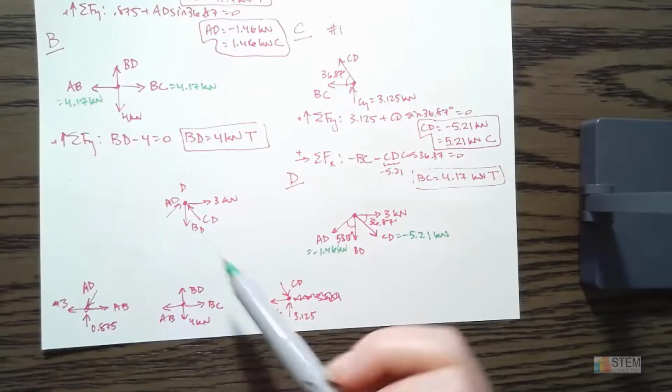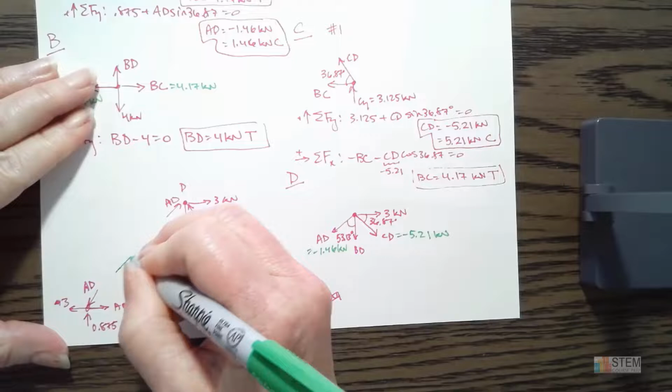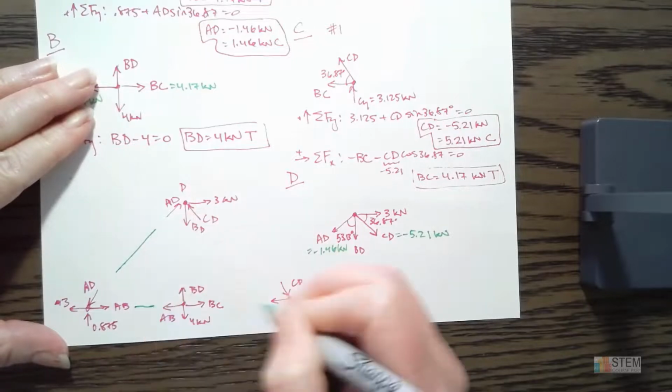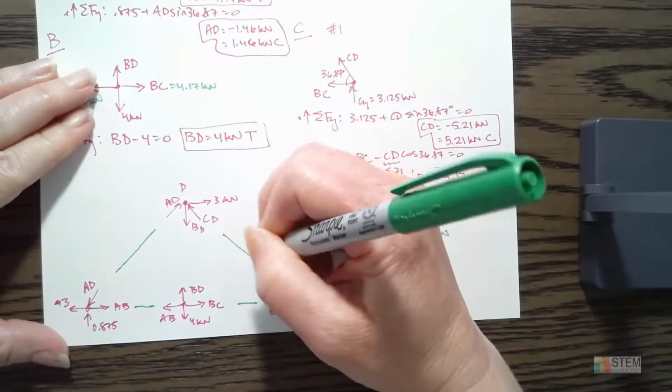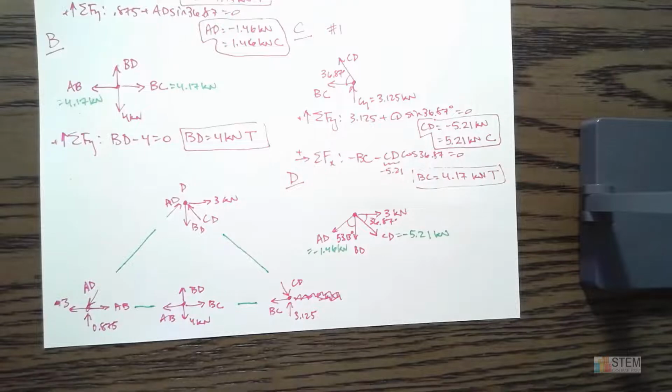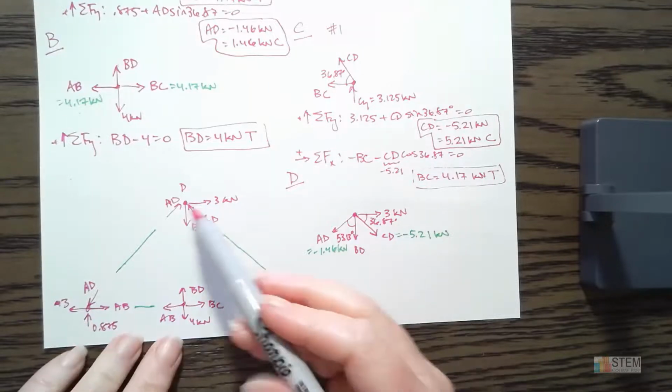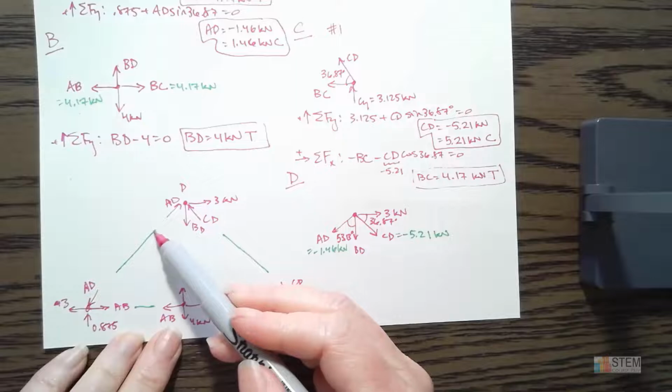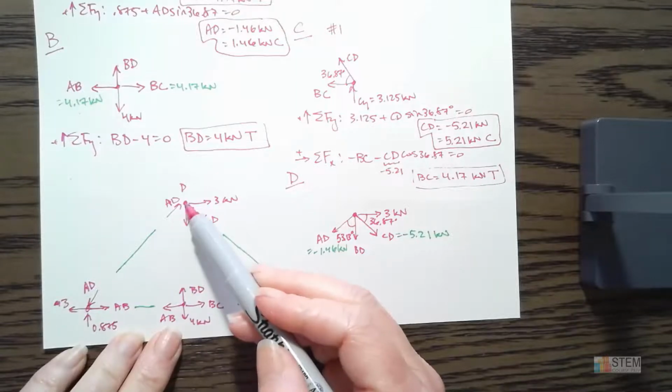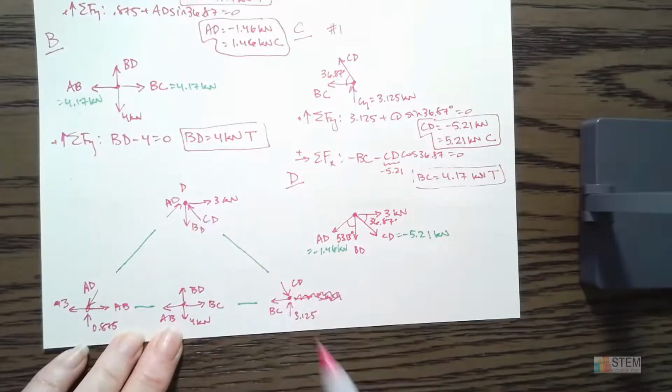Now we've got these members connecting these joints, right? So let's draw this little green line. It's going to represent the members like that. And let's see why positive is tension, negative is compression. Okay. Well, remember when these interact, like where the members are attached to the pins, you have equal and opposite reaction.